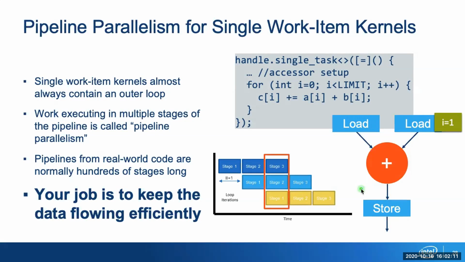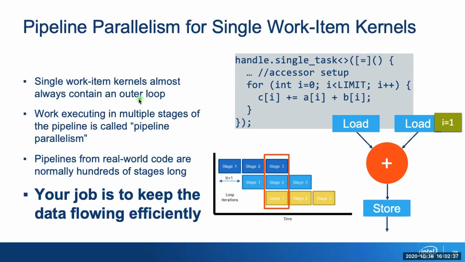How can we extract parallelism from this kind of hardware? We do operations in pipeline. So it's a common way of implementing hardware kernels on FPGAs using single task kernels.